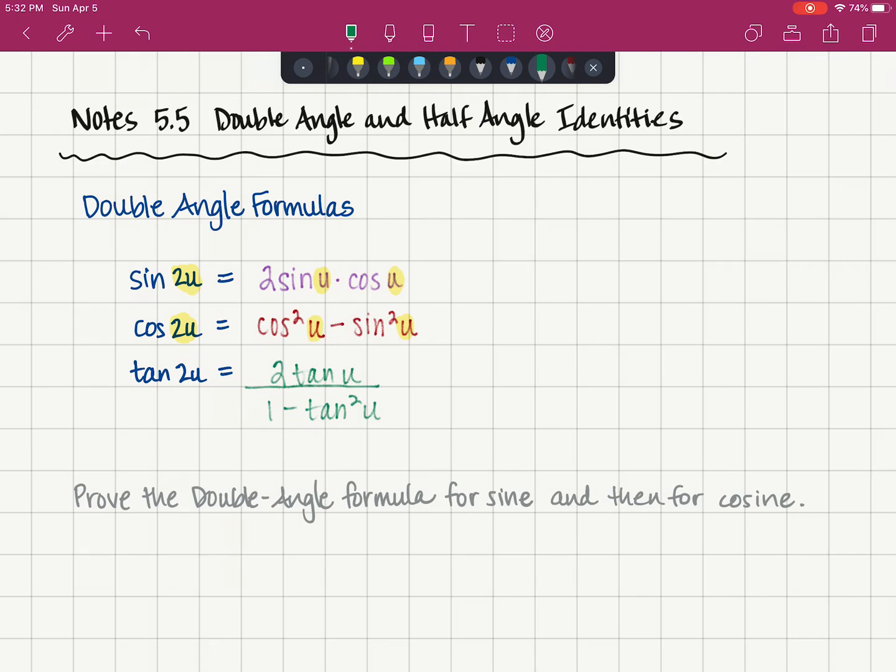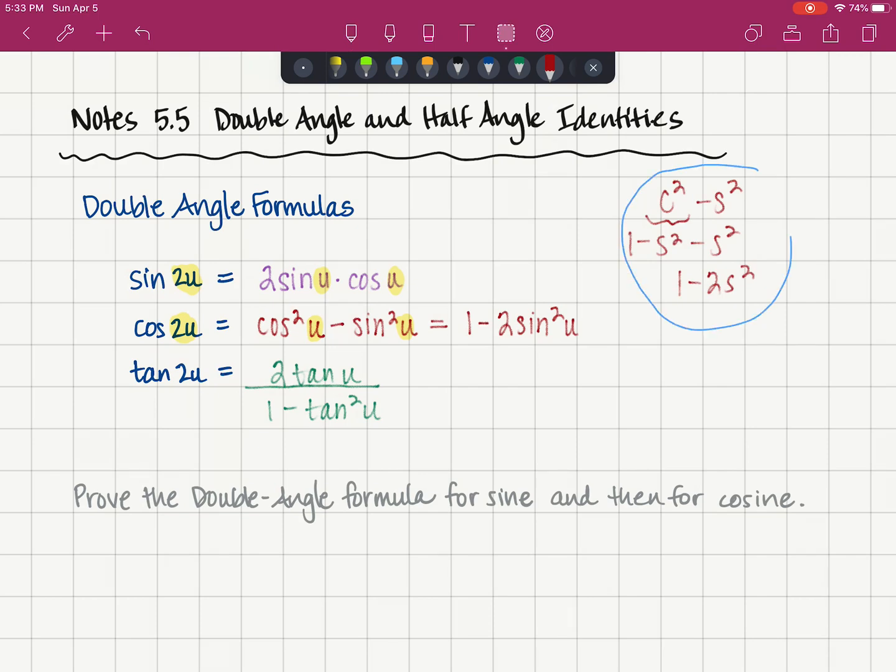Now for cosine of 2u, because we've got that cosine squared minus sine squared, we can use the Pythagorean identity. We can say cosine squared is 1 minus sine squared. So if I substitute in 1 minus sine squared in place of cosine squared, I have 1 minus sine squared minus another sine squared, which is 1 minus 2 sine squared of u.